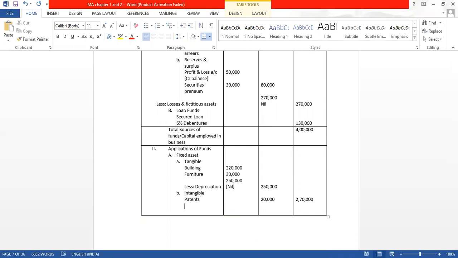Then we have B, that is non-current investment, or we can call it long-term investment. It is up to you what you write. Check whether that is there in the question.